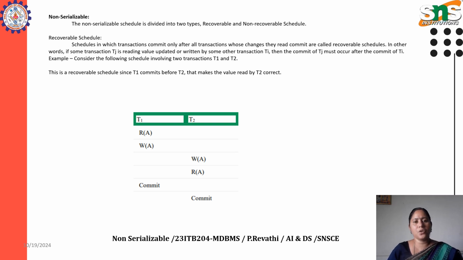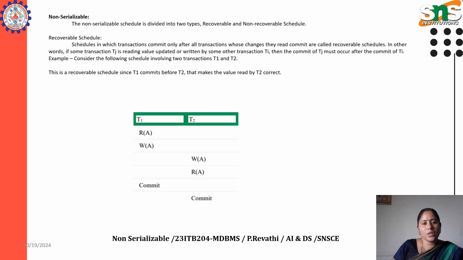Example: consider the following schedule involving two transactions T1 and T2. This is a recoverable schedule since T1 commits before T2. That makes the value read by T2 correct.